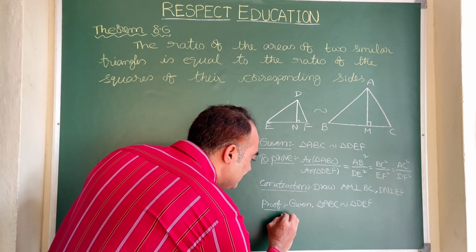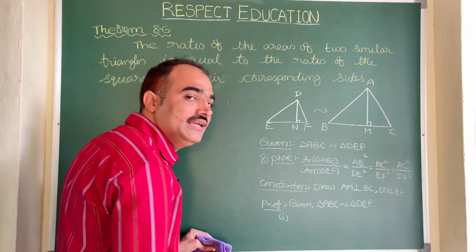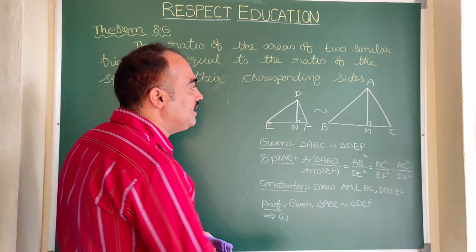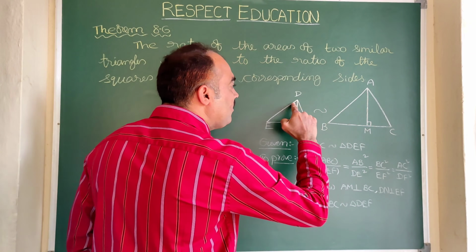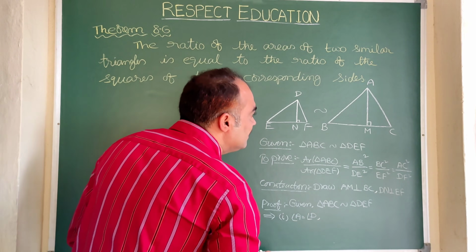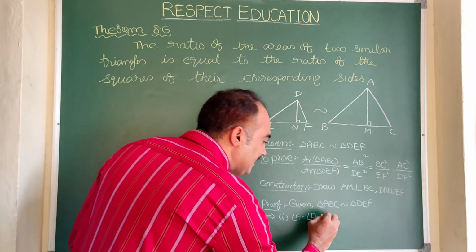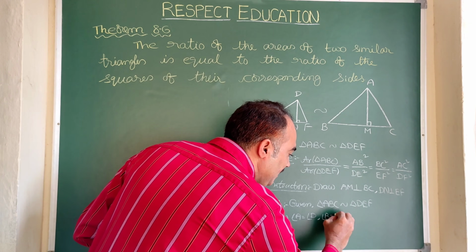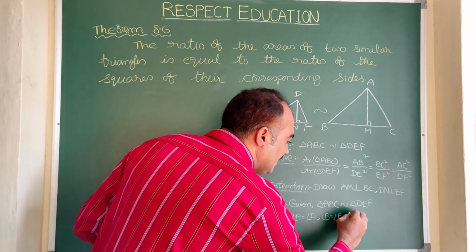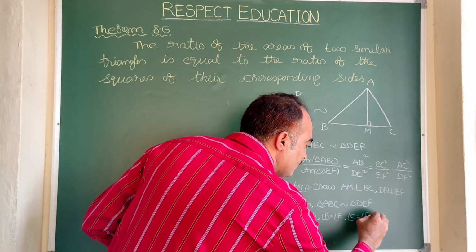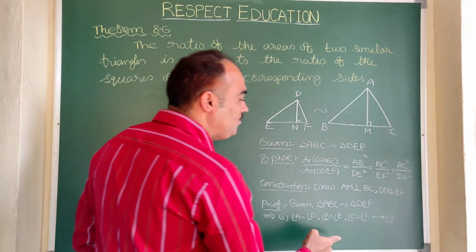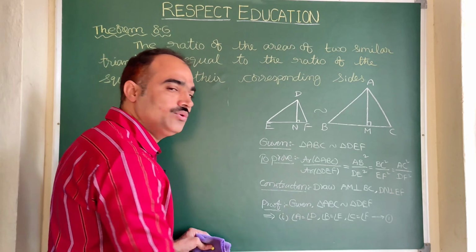First one is their corresponding angles are equal. That means angle A is equal to angle D. Similarly, angle B equal to angle E. And third angle, angle C equal to angle F. Let us consider this as equation number 1. In future, wherever it is required, we have to use it.